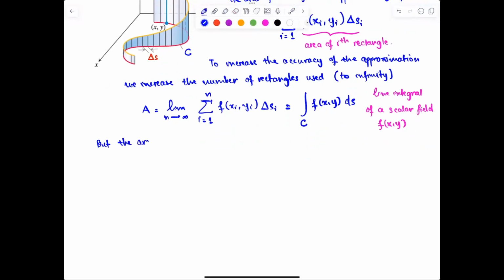The arc length of the path can be expressed in terms of the parameter t.